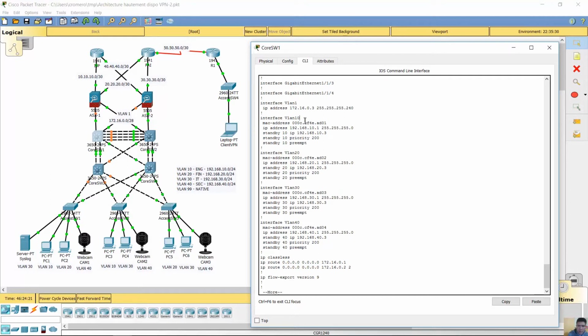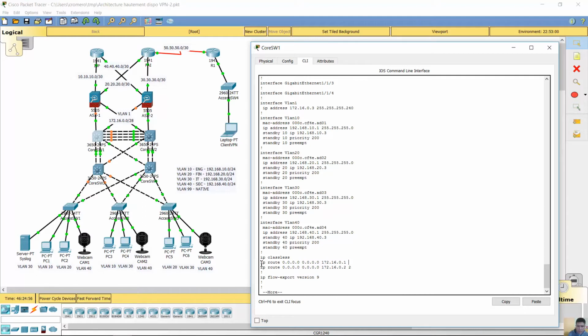VLAN 10, the IP address, the standby HSRP, the virtual IP is 3, physical IP 1. The same configuration with VLAN 20, 30, and 40. And these are the default routes to access internet and branch.